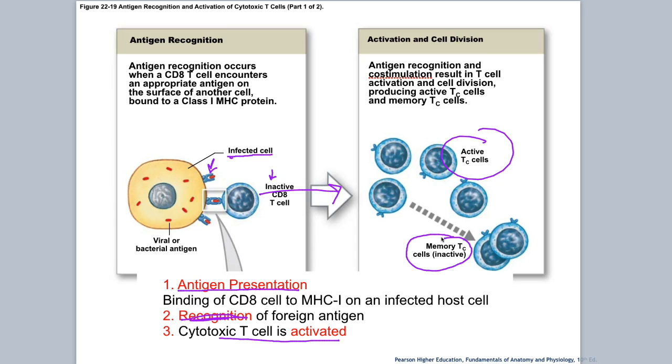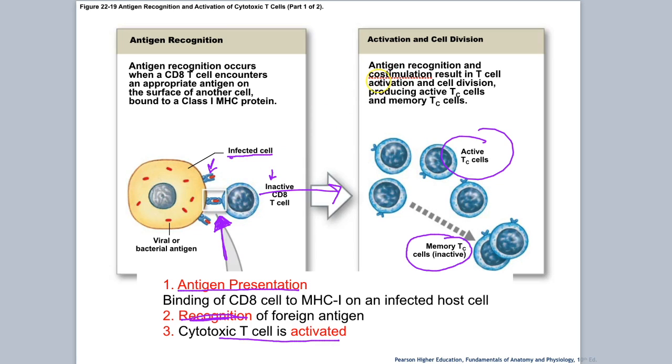One of the things I want to mention that isn't shown on this slide is a little additional step in this process, during antigen presentation. If the T cell recognizes that this is a foreign antigen, it has to sort of double check that this is really a foreign antigen.